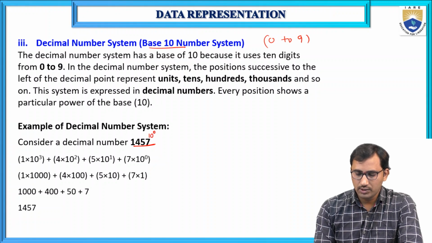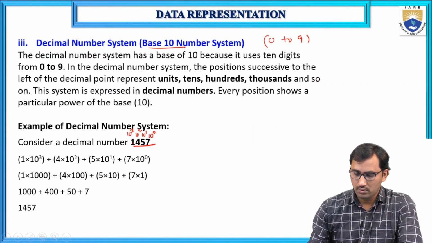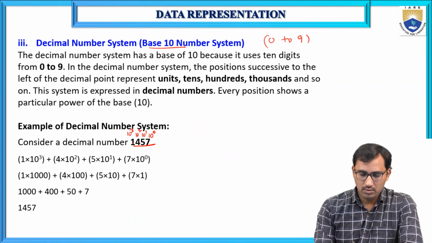We can write 10 power 0, 10 power 1, 10 power 2, 10 power 3. So 1 into 10 power 3, 1000. 4 into 10 square, 400. 5 into 10 power 1, 50. 7 into 10 power 0, 7. So total 1457.